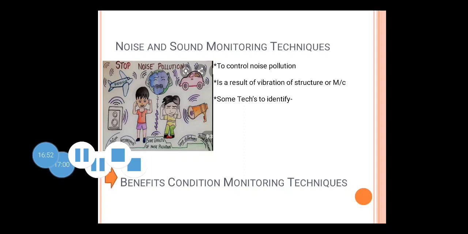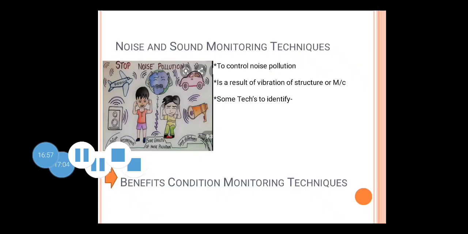So next one is benefits of condition monitoring techniques. As you know already, with this we can increase efficiency, work and accuracy without any hazards, without any defects on the components.